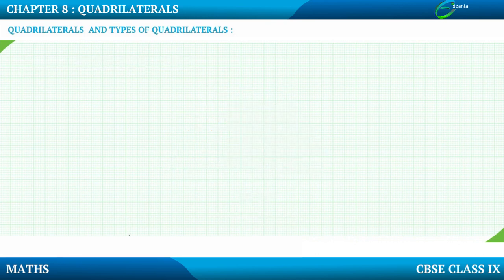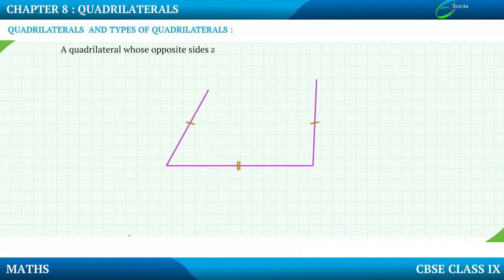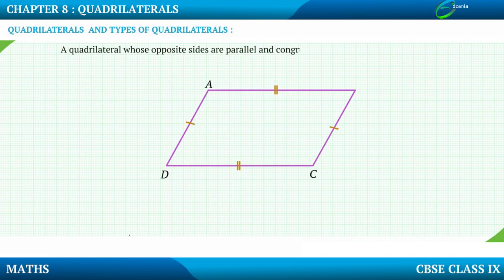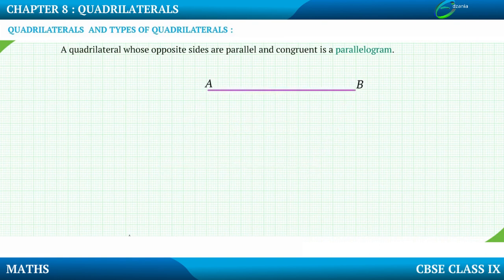Quadrilaterals: Parallelogram. A quadrilateral whose opposite sides are parallel and congruent is a parallelogram. Consider a quadrilateral ABCD. This quadrilateral has four sides: AB, BC, CD, and AD.